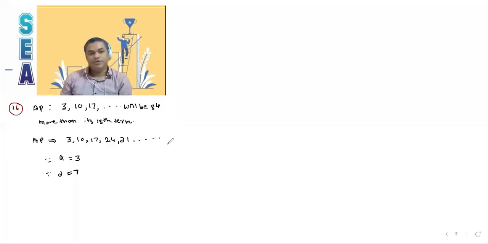Now the next question: which term of the AP will be 84 more than its 13th term? So we have to find n here, that is the nth term, which is 84 more than its 13th term.